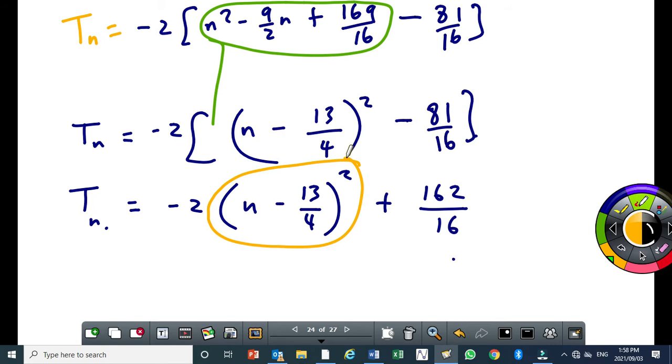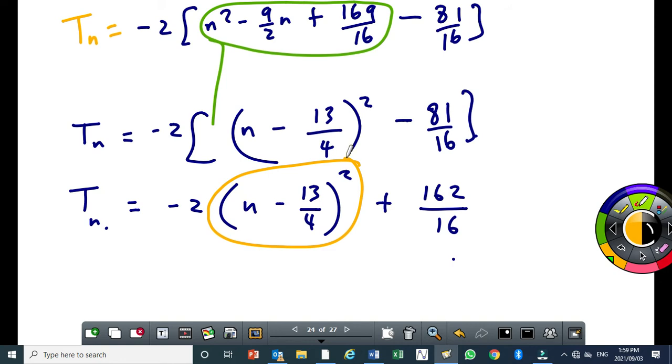Right? But there is a minus 2 which is multiplying that n minus 13 over 4 squared. So it will always be what? Negative. Right? So the negative that you get here, if you add it to the positive there, you always get a negative term in the end.